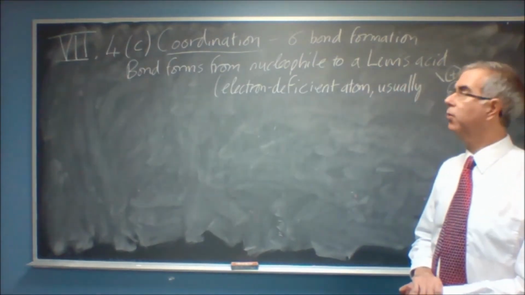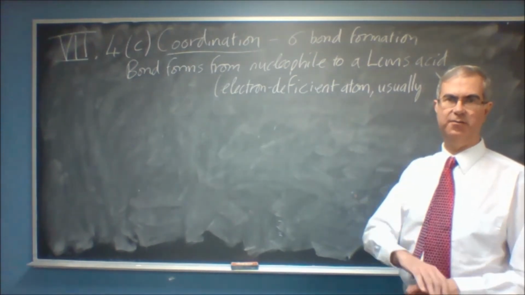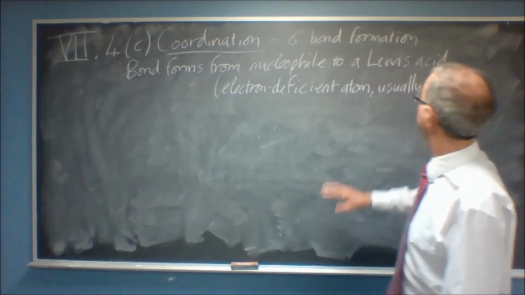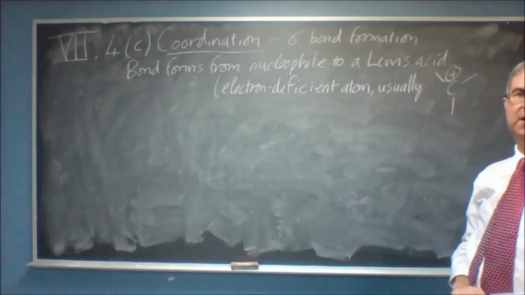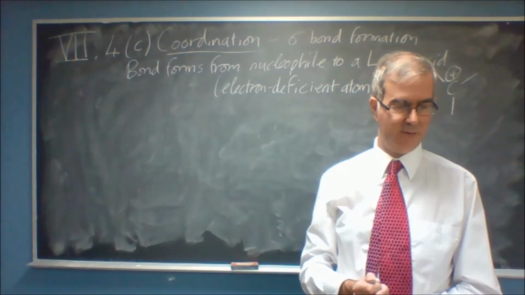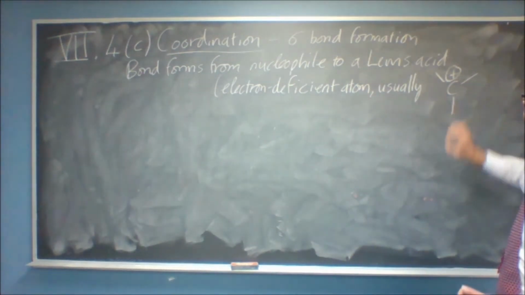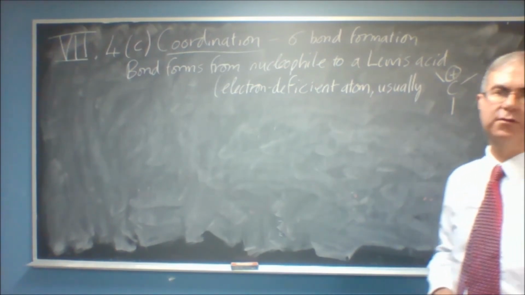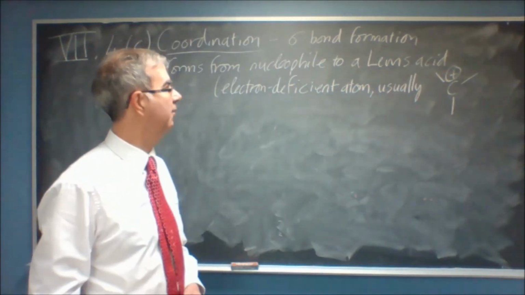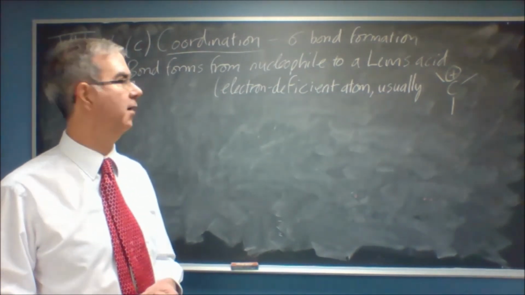Now the next one, coordination, is actually a very simple one. We just need to have one arrow because all we're doing is forming a sigma bond. And the only way you can do that without having leaving groups and so on is if you have an electron deficient atom, which is normally going to be a C+, though you can have other types of Lewis acids like AlCl3 and BF3.